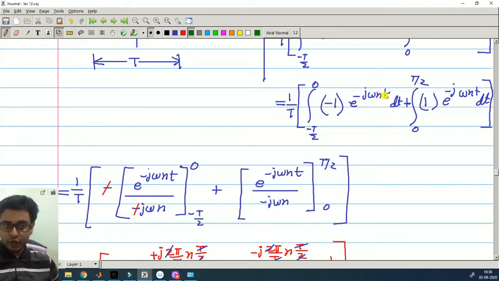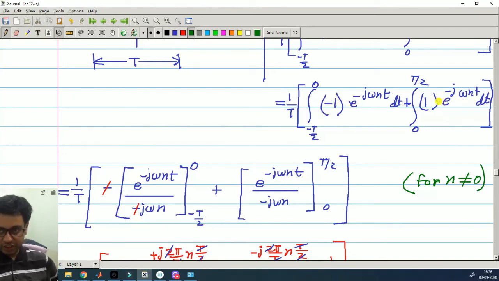So for n equal to 0, we have to do it differently. This is for n not equal to 0, this integration that we have done, and if n is equal to 0, then this will be 1, this will also be 1, and therefore these two will cancel and it will give us 0.